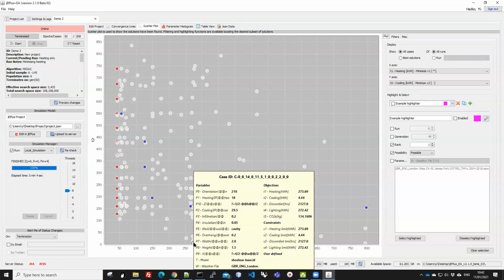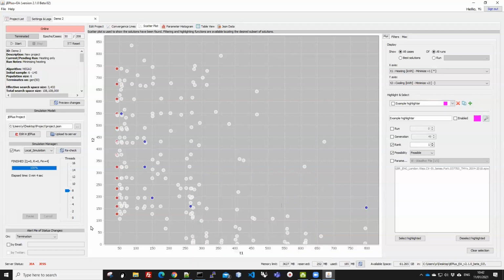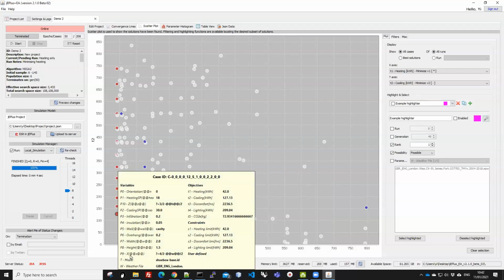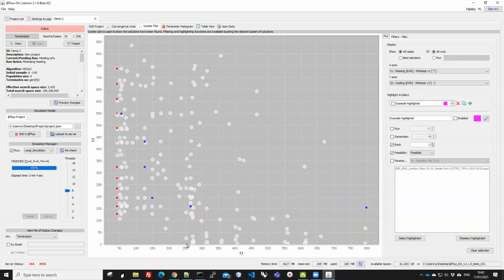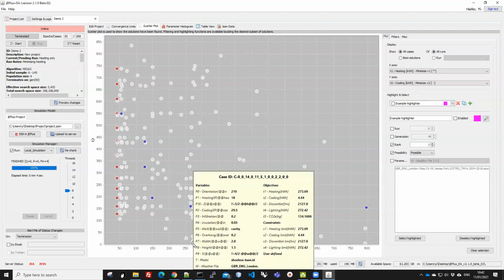From there you can calculate the combined carbon emission value between heating and cooling. That will effectively remove the conflict, so you don't need to worry about heating and cooling separately.